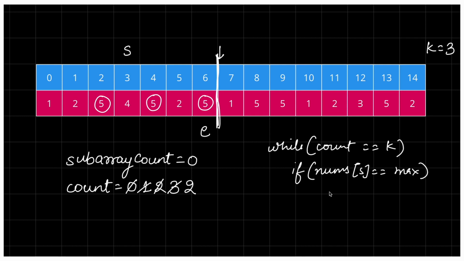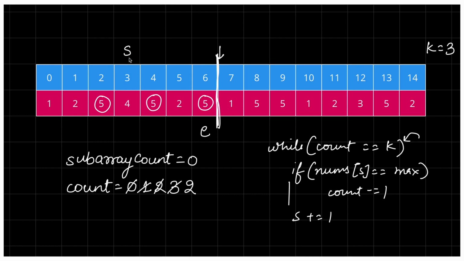If that's the case, decrement the count, and every time, start is incremented by 1. Here I have taken S, so let me write S plus equal to 1. And as soon as the count is decremented, when this while loop runs once again, the count is no more the K value; it's K minus 1, because we have decremented it by 1.